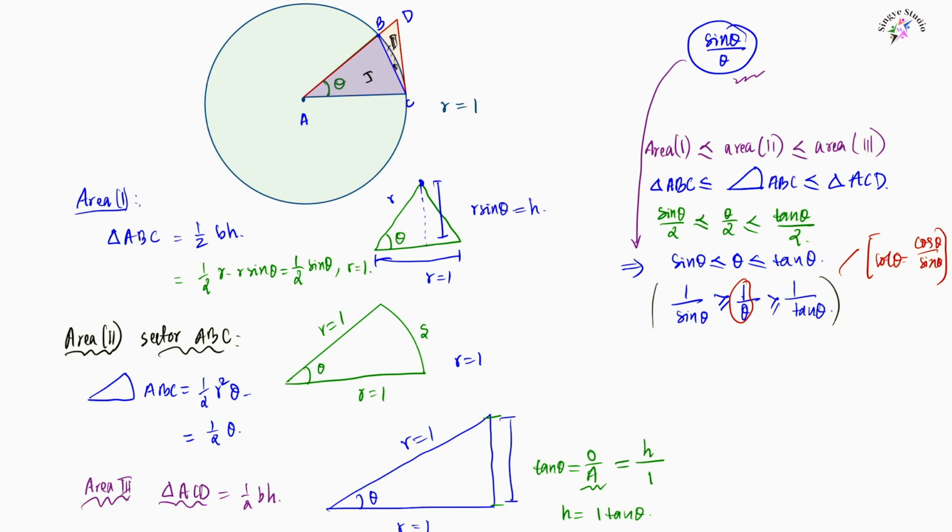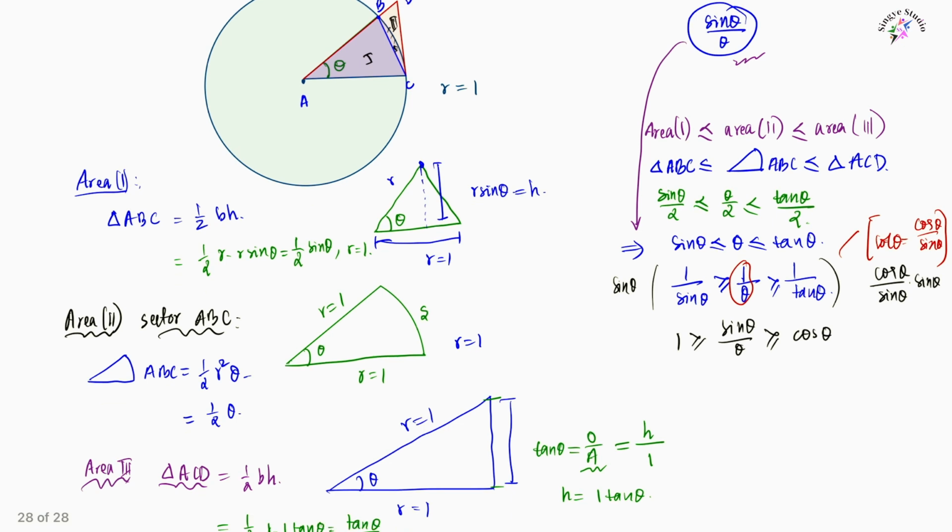By multiplying this all with sine theta, what we will get? We'll get 1 greater than or equal to sine theta over theta greater than or equal to, we have cosine theta over sine theta times sine theta right here. So sine theta will get cancelled and it will be cosine theta now. Now we got this form, right? Now we will apply the limit.